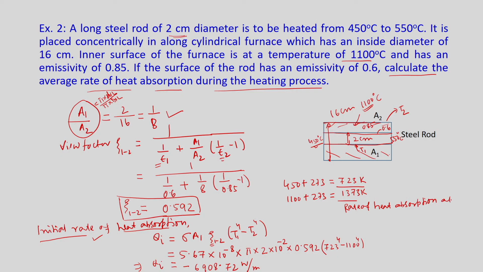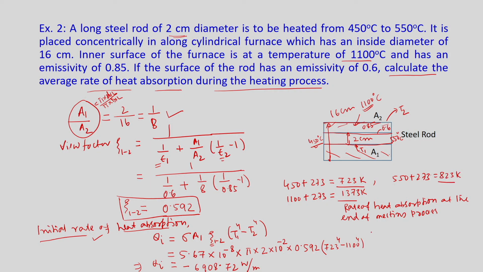So same expression we can use, but the only change will be the temperature. Okay. This final temperature here will be 550 plus 273, so this will be about 823 Kelvin.